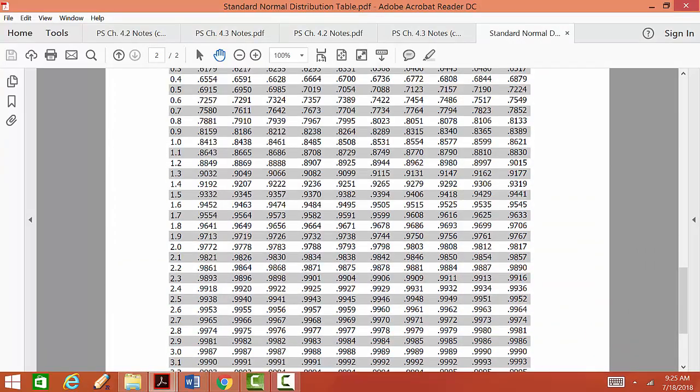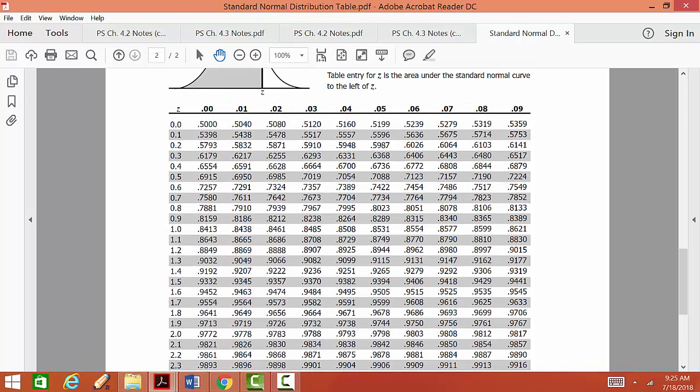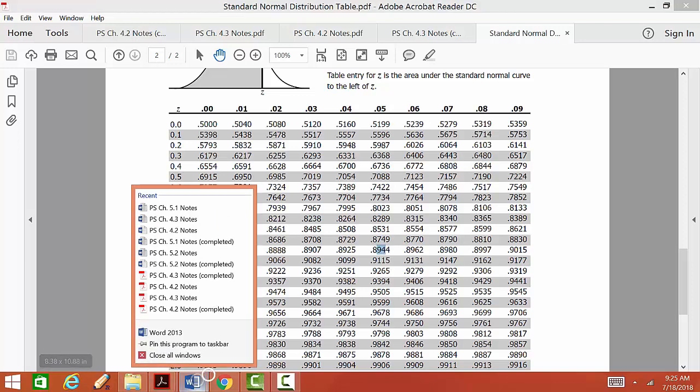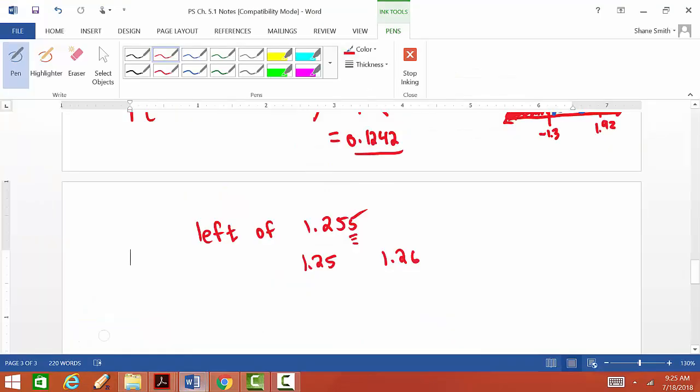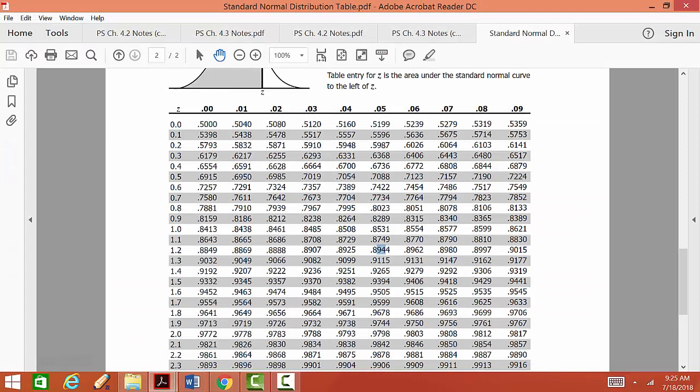So to illustrate this, if I look up 1.25 and 1.26, 1.25 is 0.8944, and 1.26 is 0.8962. Let me double check that that's right. Yeah. Okay.